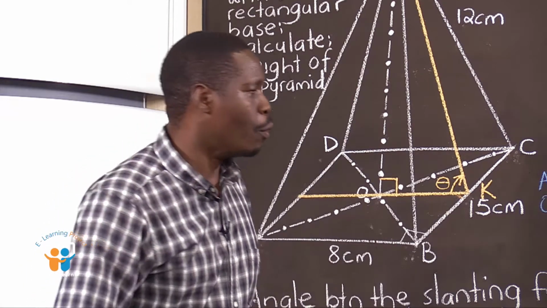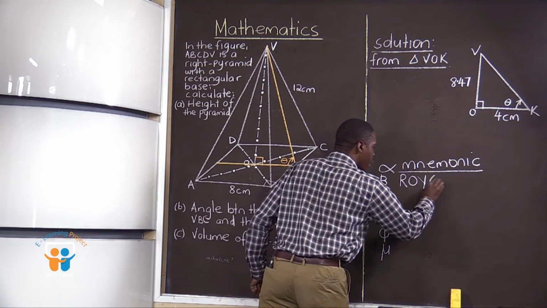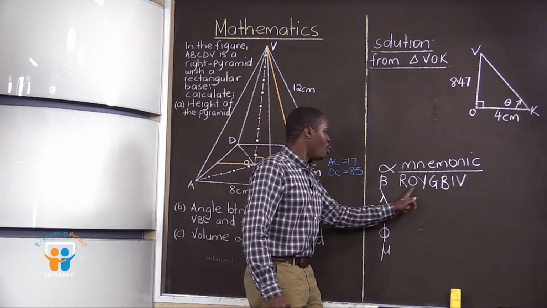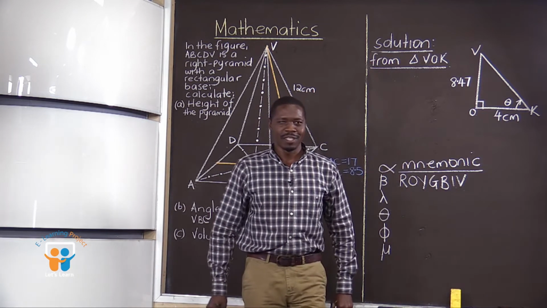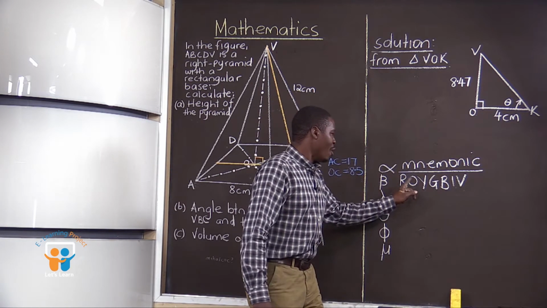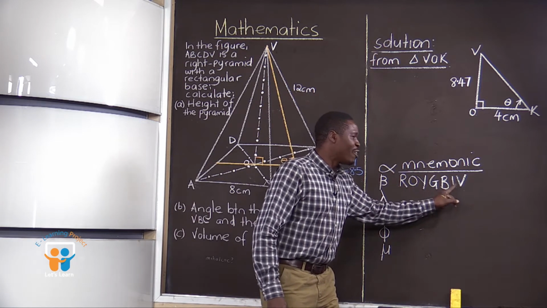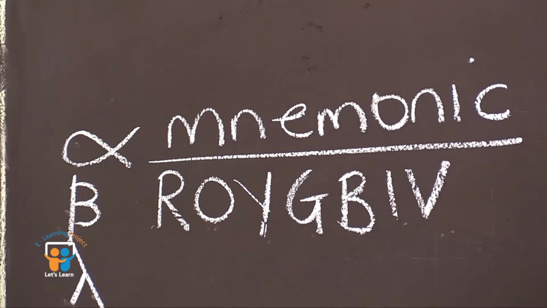For example, in physics you say ROYGBIV, where you have Richard Of York Gave Birth In Vain, where you have red, orange, yellow, green, blue, indigo, and violet, the colors of the rainbow.